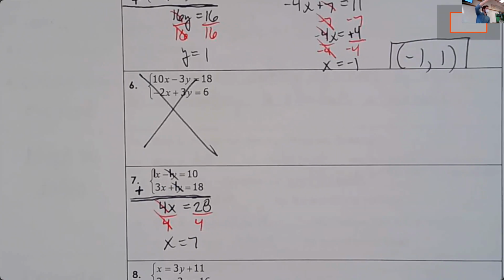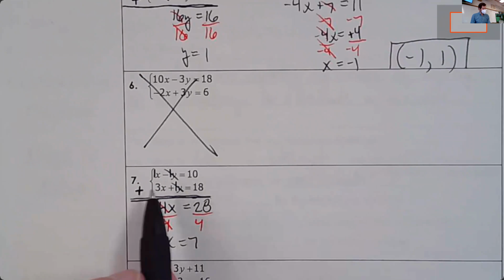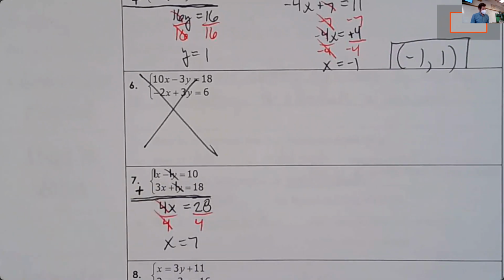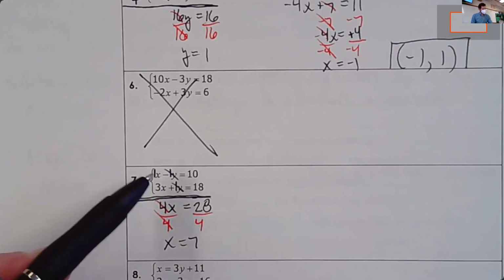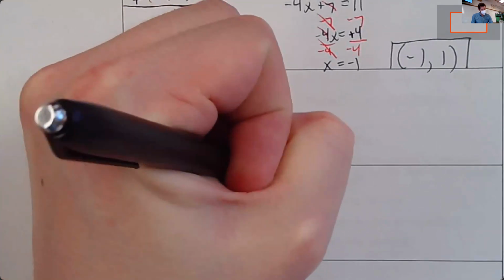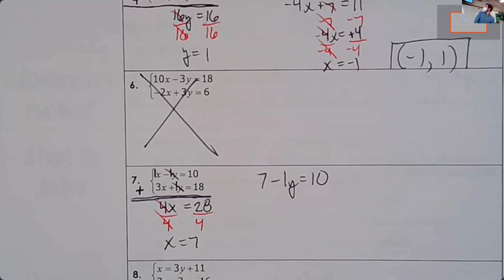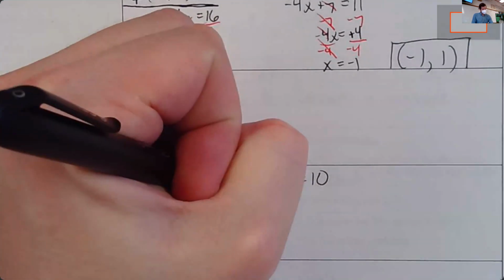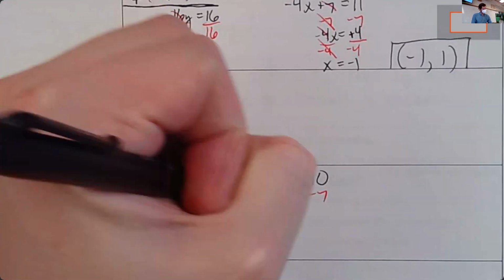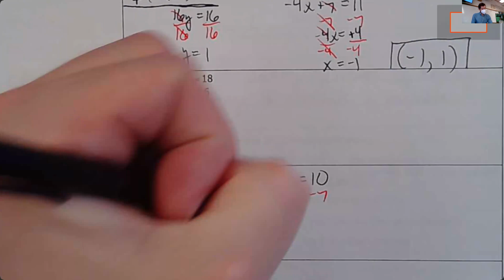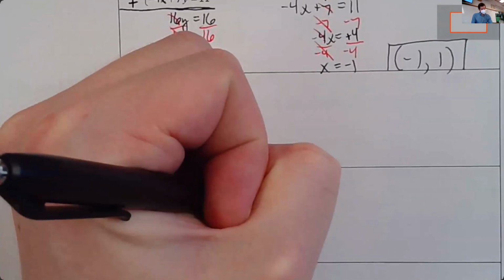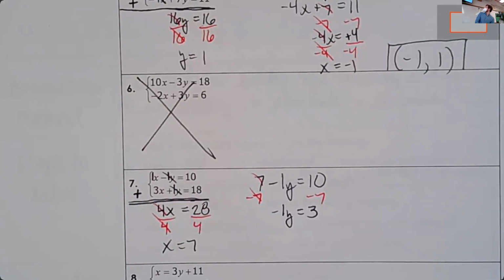Solving for y, first equation or second equation? First equation, all right. So it'll be x minus y equals 10. Well, x is 7, so that'll be 7 minus 1y equals 10. So we're using the first equation to solve for y this time. And then subtract 7 from both sides to get rid of that 7, which will leave us with -1y equals 10 minus 7, which is 3.